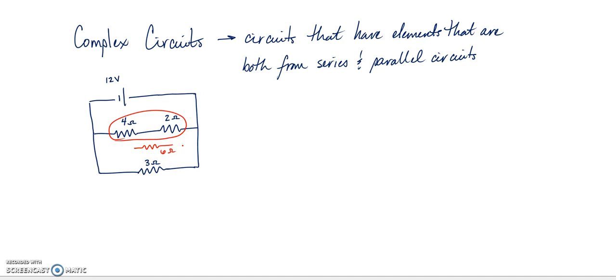So what this really does is, if I want, I can redraw the whole thing, which I'll just do. Now I have a 6 ohm resistor and a 3 ohm resistor, and they are now creating a circuit that looks like this. We can treat this as 12 volts, and it looks like a parallel circuit.